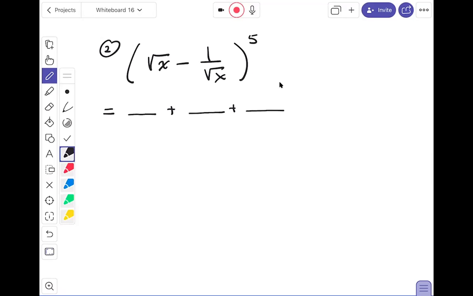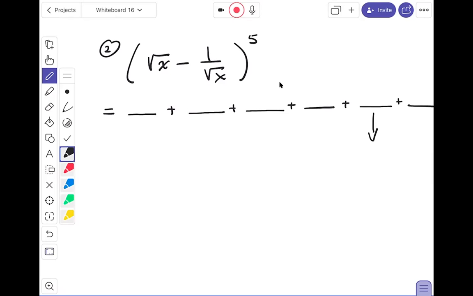Let's see, 1, 2, 3, 4. I don't want to write down every term, right? But how many terms would there be? It'd be 6 terms, wouldn't there? 1, 2, 3, 4, 5, 6. They want this term. Because you know what the coefficient is? Again, you could put down that triangle if you wanted to.